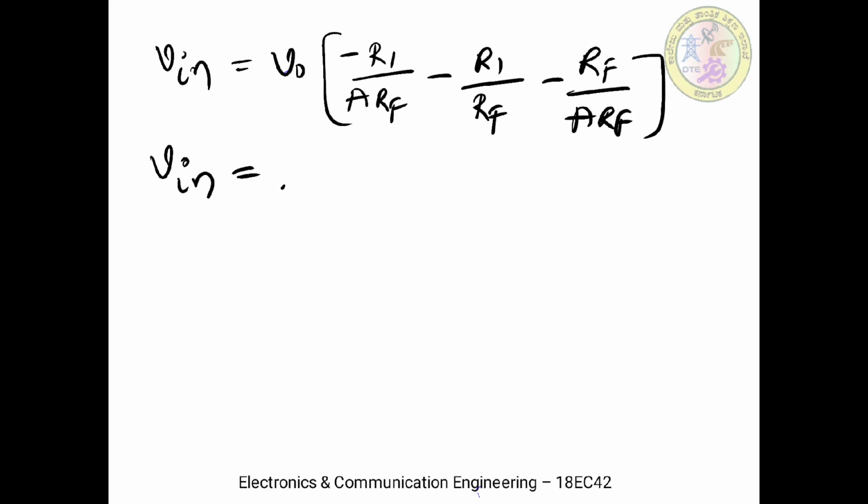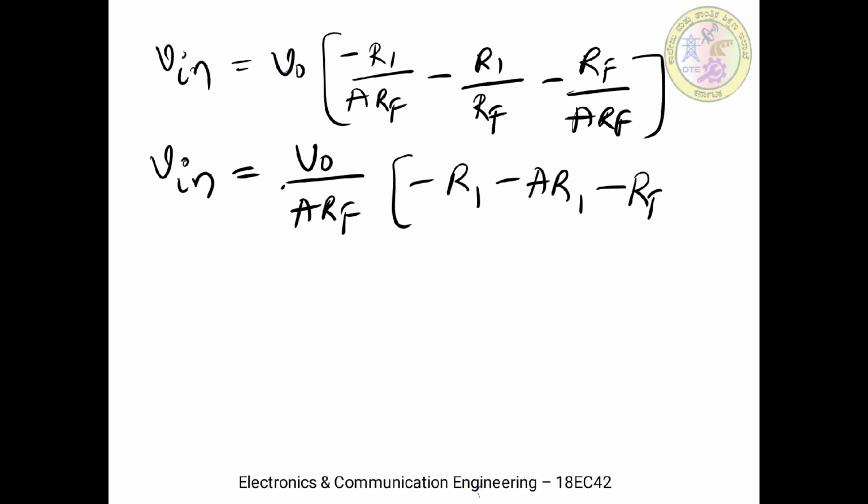Or you can take V in equal to V0 by A RF as a common factor. This gives minus R1 minus A R1 minus RF. Now it is possible to write the ratio of V0 and V in, which can be called AF, with feedback.